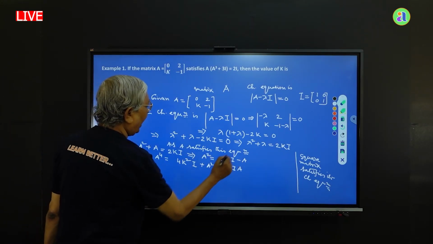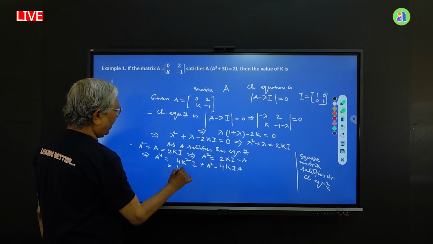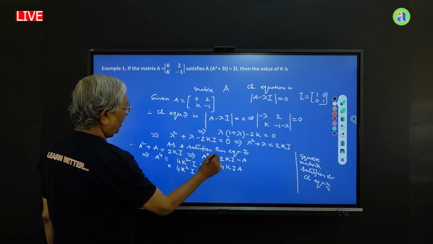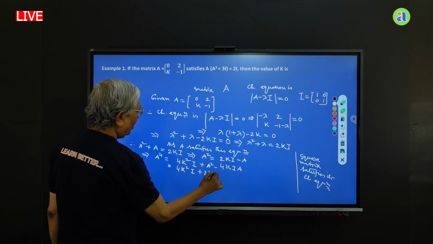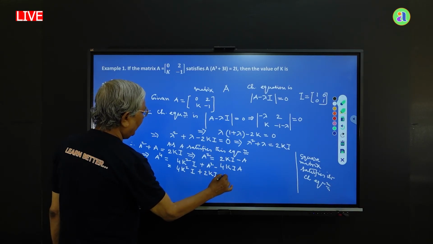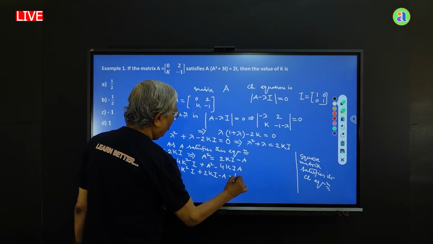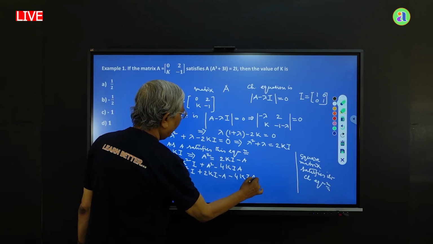A square equal to 2kI minus A. So this is equal to 4k squared I plus 2kI minus A, then minus 4kA.